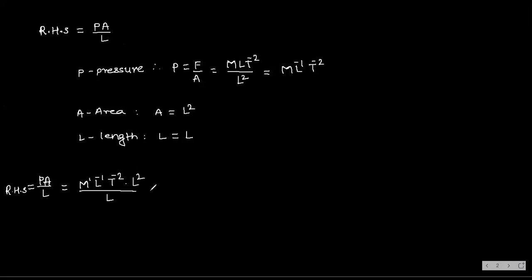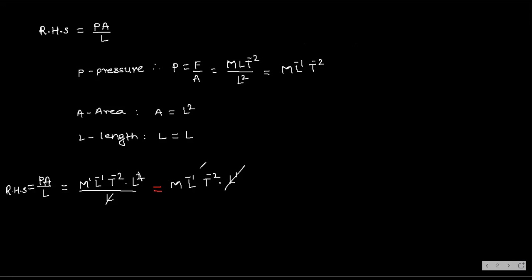Okay. So let's see now what we are getting. This L will get cancelled with this one L. Shall I do one more step? Okay. So this L cancelled with this one L. Now what is left? M L power minus 1 here, right? This is T power minus 2, and here it is L power plus 1.